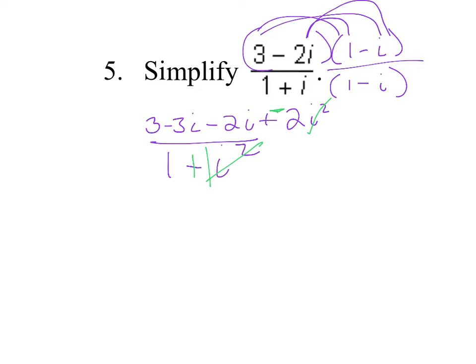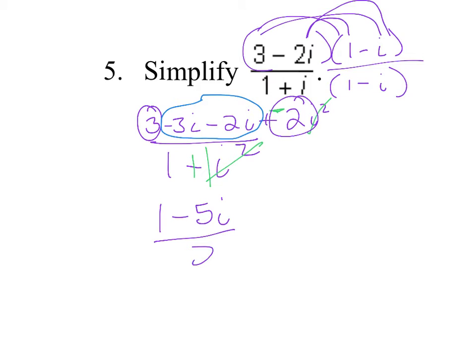I've got a 3 and a negative 2. So that's 1. And then these two added together give me negative 5i. This is all over, as we said, the denominator was 2. So again, free response, this is a sufficient answer. Multiple choice, you might see it in standard form. You need to know these are equal.